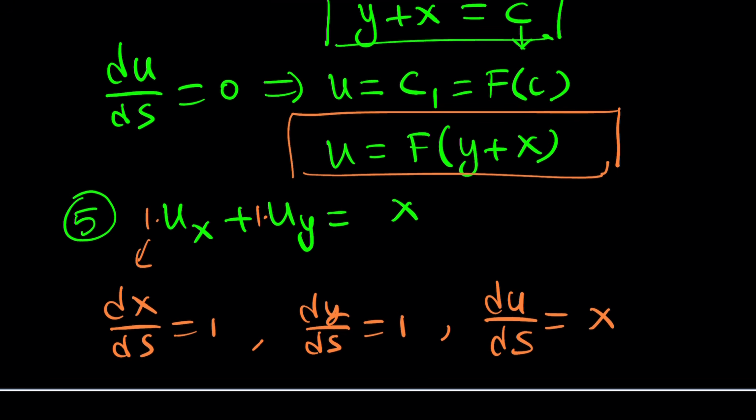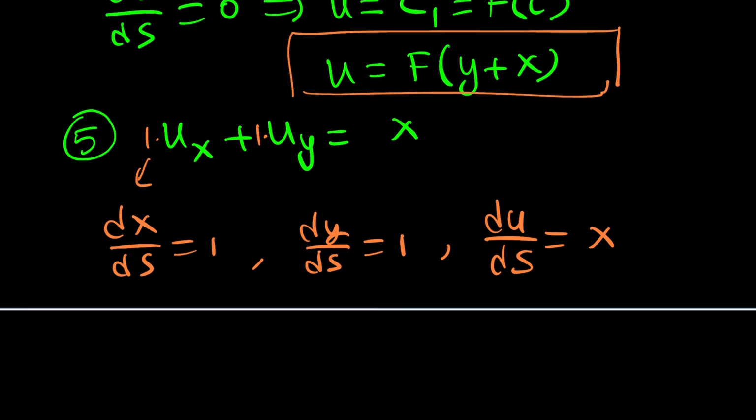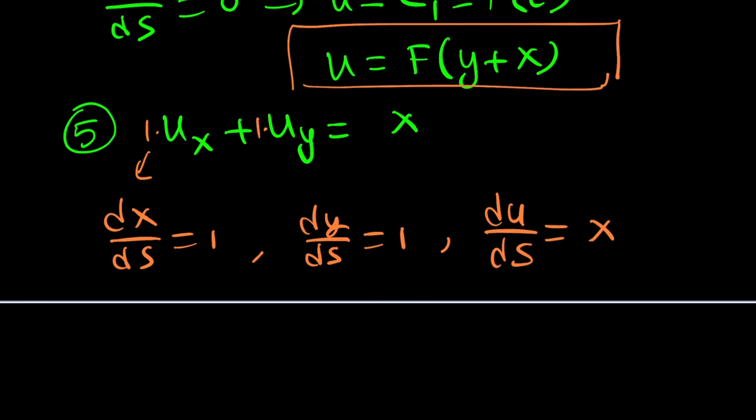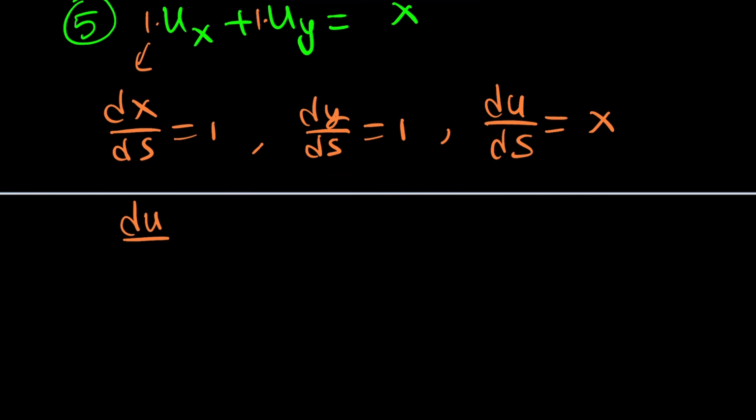Okay, let's go ahead and do this. What happens if I divide du over ds by dx over ds? The reason I'm doing that is because du over ds contains x and dx over ds is a constant, so we can divide and get a function of x, which is going to be helpful as you're going to see.